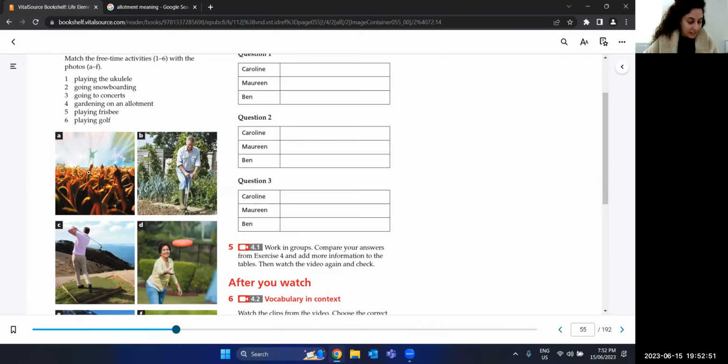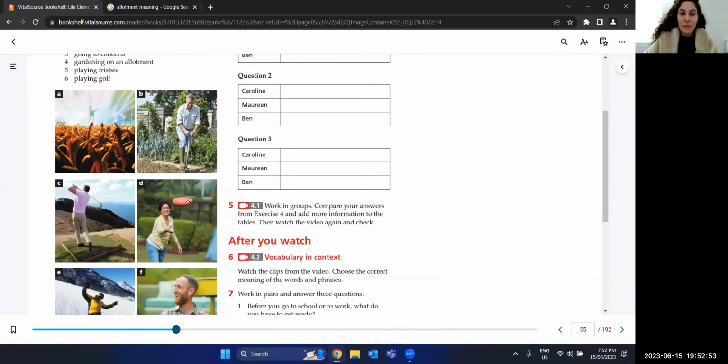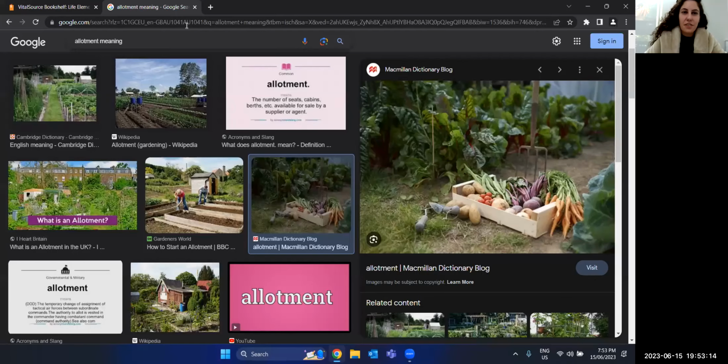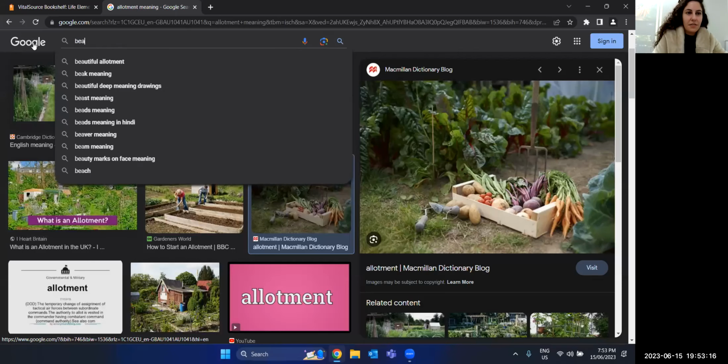Playing frisbee, D. It's interesting. I like it on the beach. It's fun. Some people play it in the water at the beach. They have something different, more for beach frisbee or water frisbee.